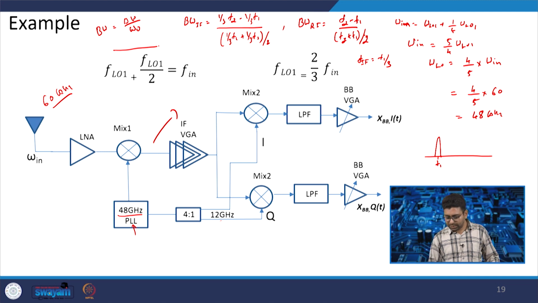So, this F1 and F2 will be considered based on the bandwidth of the signal, and (F2 plus F1) by 2 is the center frequency. We can write this bandwidth as the fractional bandwidth, delta omega by omega naught. So, when we consider the sliding IF architecture, the bandwidth of the IF should match the bandwidth of the RF, so that the same information we can down convert to the baseband.